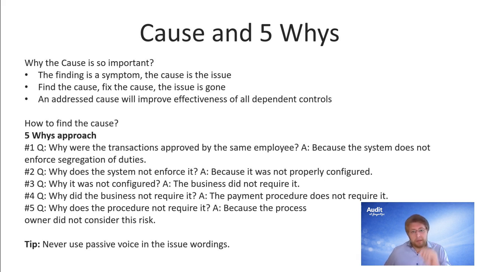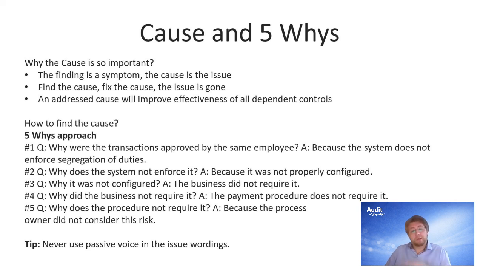And now in our case, an example of how to get to the root cause. So first was the question, why were those transactions approved by the same employee? Well, we get the answer: because the system doesn't ensure that the segregation of duties principle is followed. But why? Well, nobody configured that. Why did nobody configure that?